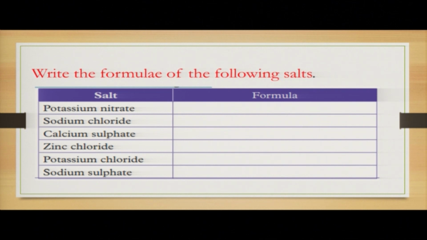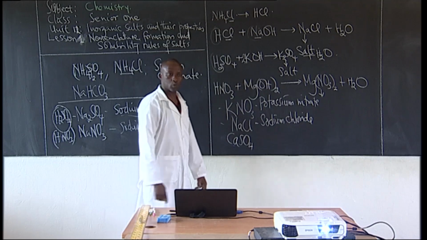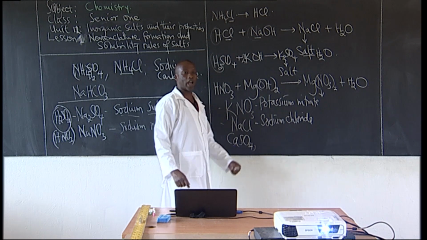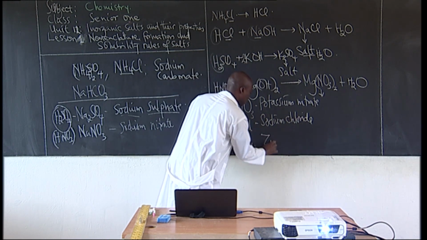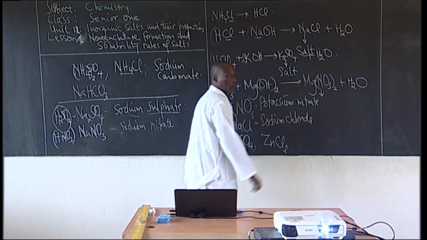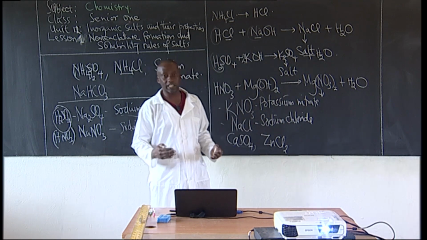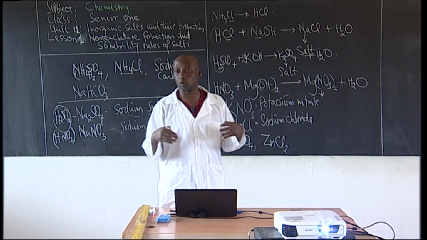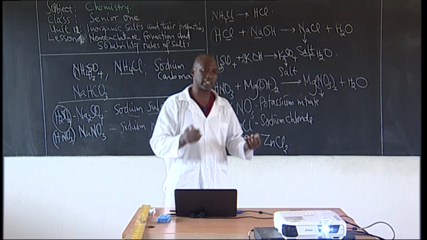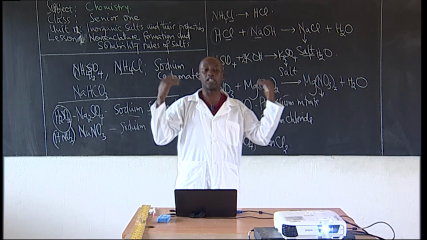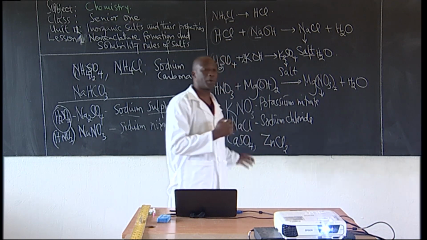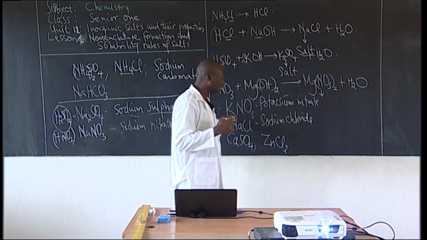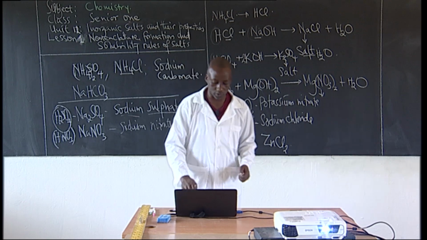We are also having calcium sulfate, so it will be calcium and then sulfate. That is what you should know. And then we have zinc chloride. We had looked at this before. These are some of the compounds that we had even written before, so you should be able to remember that these are also salts.